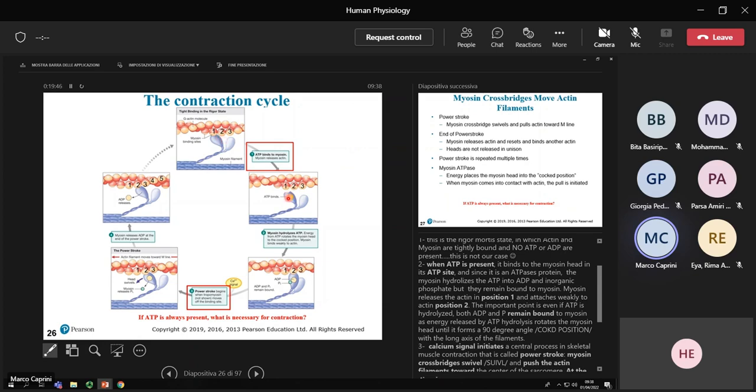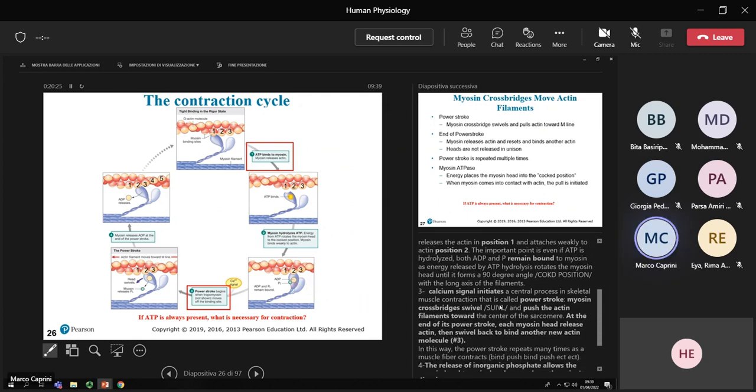Now here the angle is 90, a cocked position with the long axis of the filament. Here you can see the degree from 1 to 2. Even though the ATP is hydrolyzed, the ADP and P are not released, they are still bound to the myosin head. We have here a lot of potential energy that can be released. So what happens after that?